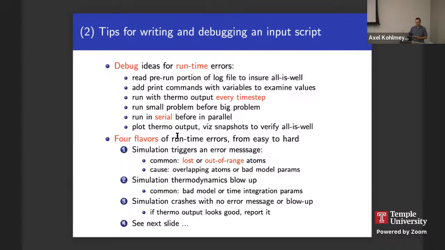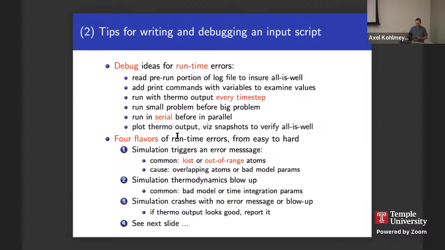The easiest is if it just triggers an error message like out of range atoms. The cause is normally either overlapping atoms, or you might have typed in your model parameters wrong and something's blowing up, and LAMMPS will tell you it lost atoms.